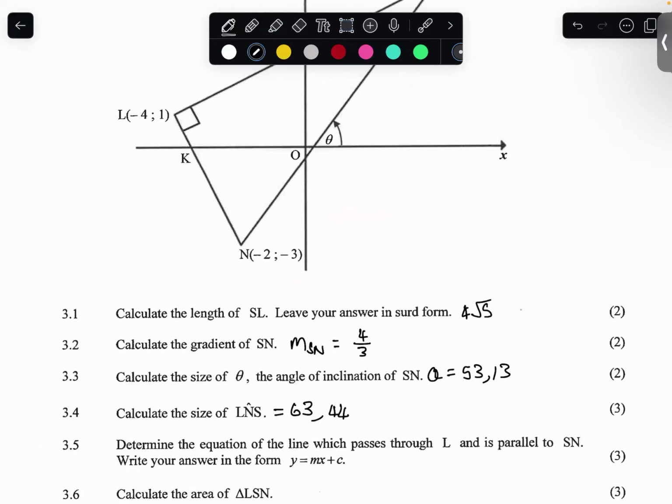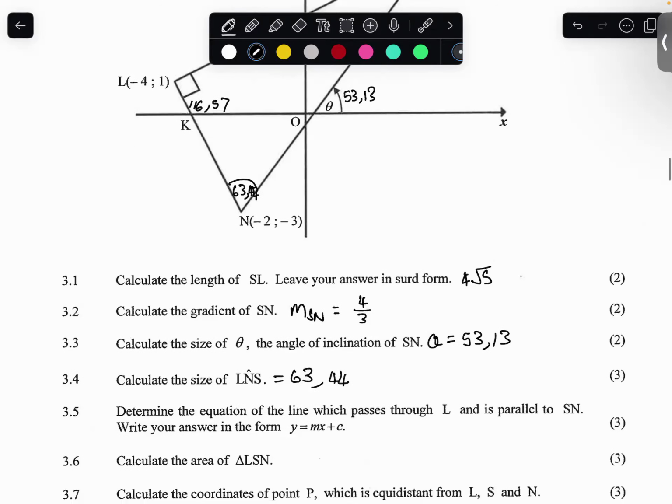I'm going to put this in, it was 53,13. Put this in, it was 63,44. Okay. And this was 116,57.